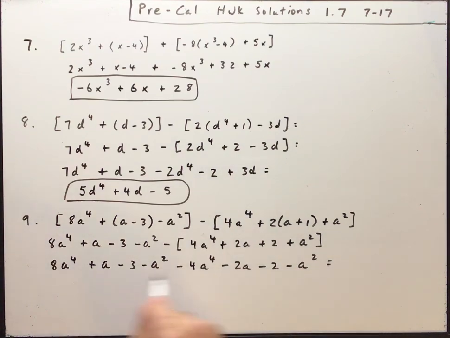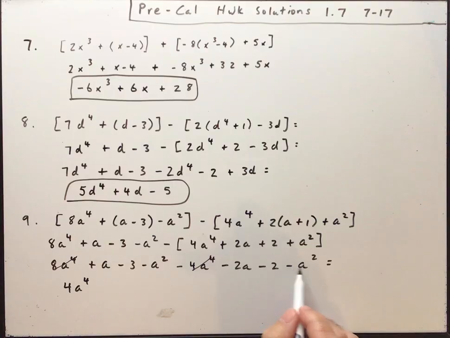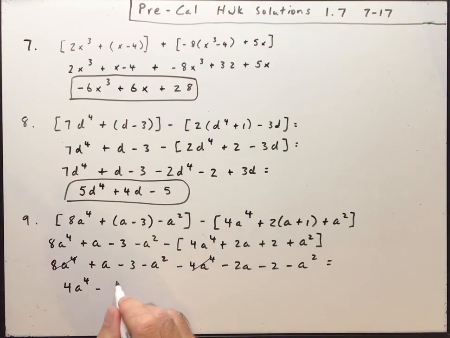And then finally we will combine like terms. 8a to the 4th minus 4a to the 4th would be 4a to the 4th. And I'm going to go ahead and cross out those two terms. A minus, oh wait, we've got a squared. So minus a squared and a second minus a squared would be minus 2a squared.